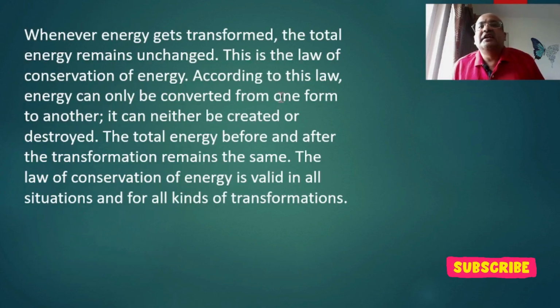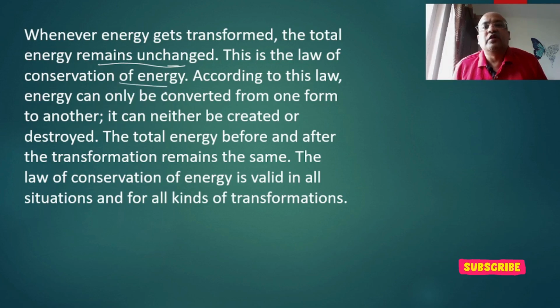Whenever energy gets transformed, the total energy remains unchanged from one form to another. This is the law of conservation of energy. According to this law, energy can only be converted from one form to another.